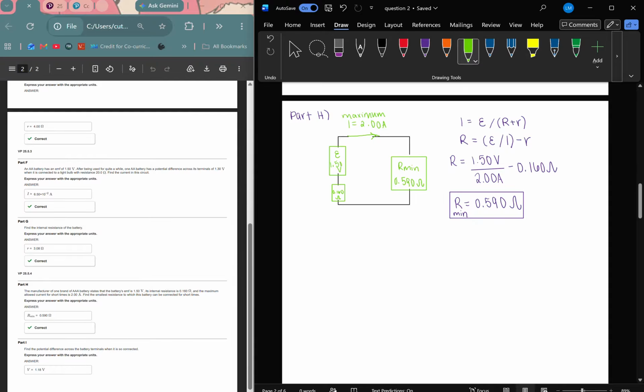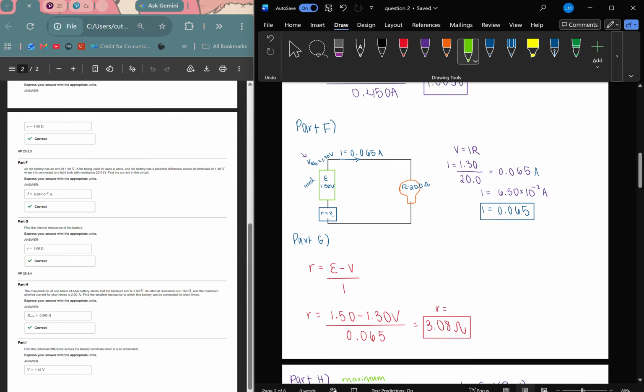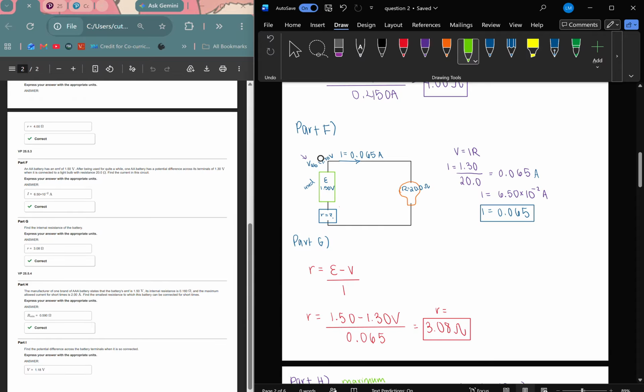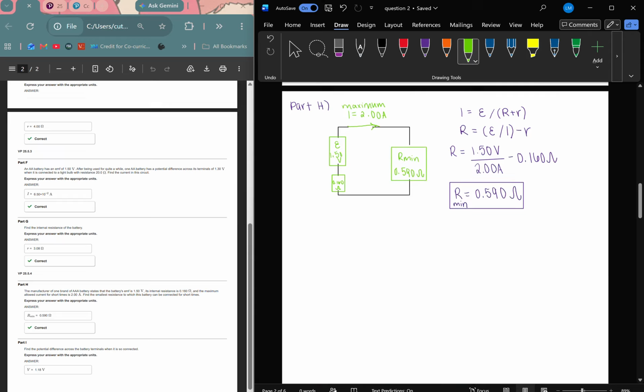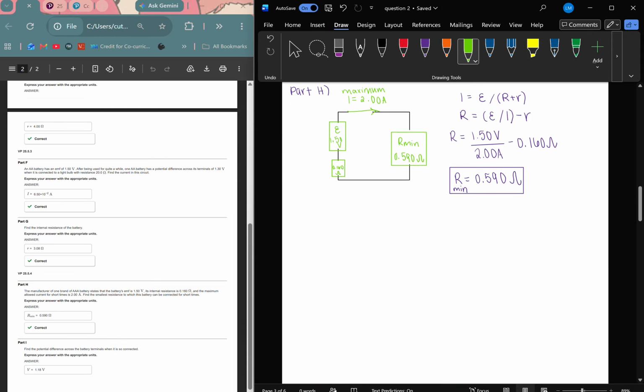So what we're going to use is the equation V equals IR, since we know the current and the resistance, and this would be the best way to find, obviously, the potential difference, which is V. So the potential difference is equal to the current times R minimum.